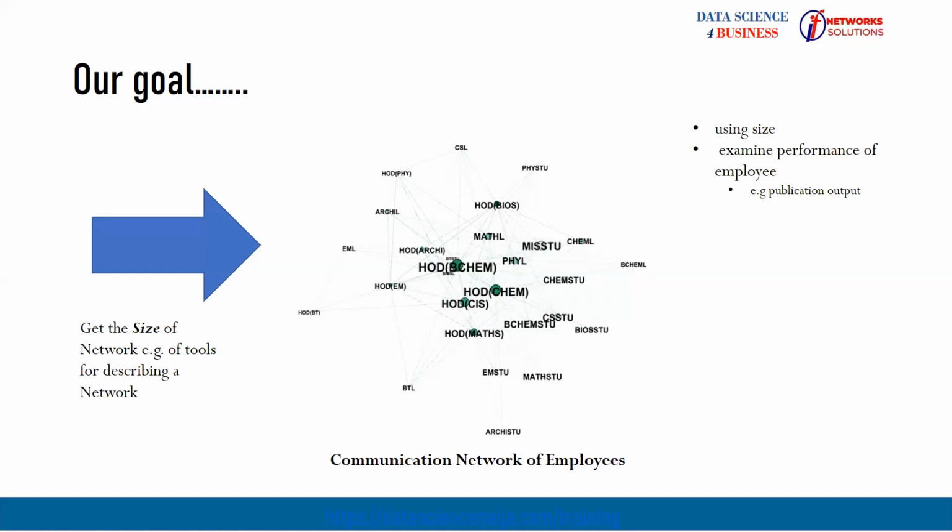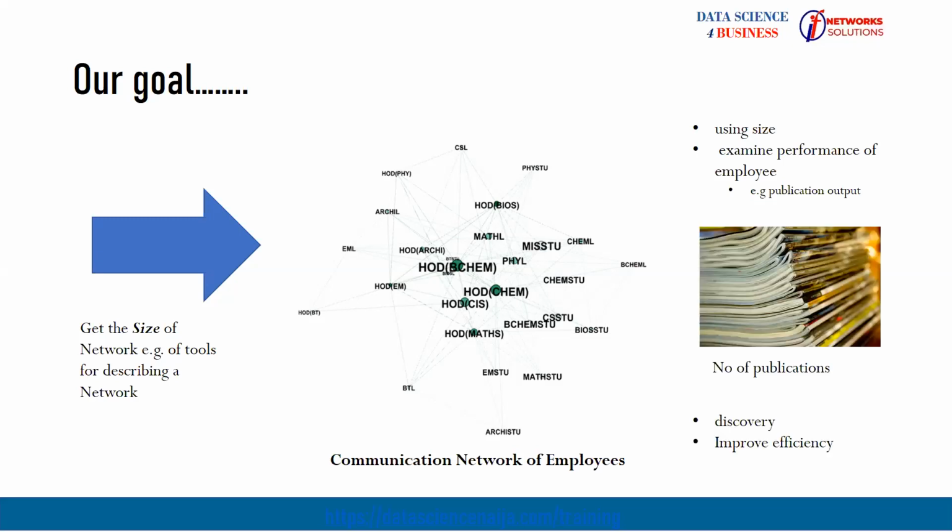Along the course of the training, I will explain some of these other measures that we're going to use to evaluate the performance of employees. So using this size, we want to examine the performance of employees, and whatever we discover, we now want to use that to improve efficiency. So in a nutshell, that's just what we want to do in the next less than 2 hours.